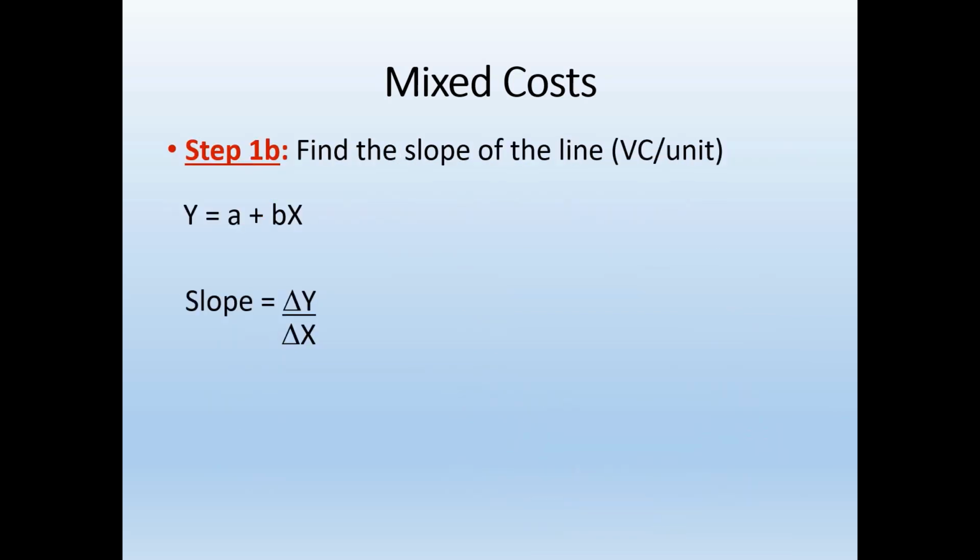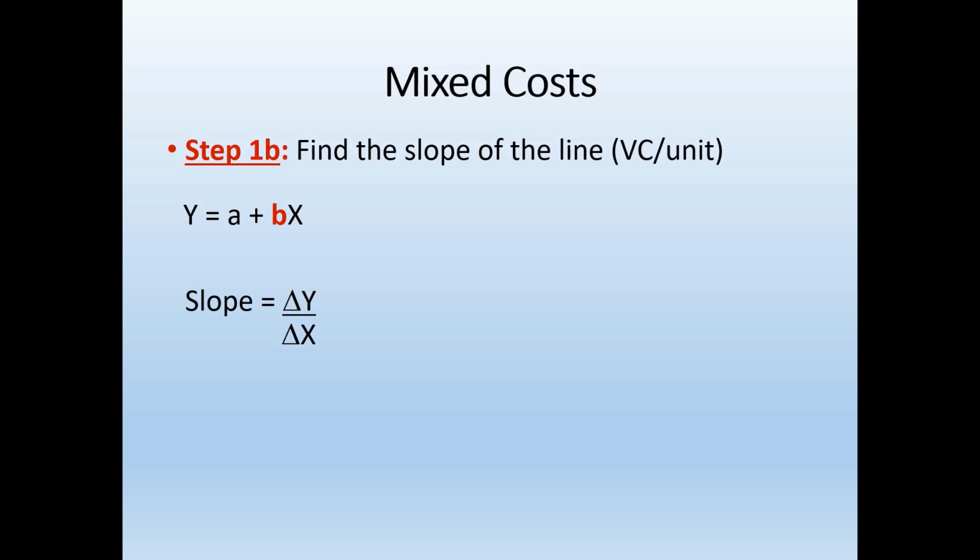Now that we've found the high point and the low point, we want to find the formula for the straight line that connects those points. That's going to be our mixed cost line. The formula for a straight line is y equals a plus bx, where b is the slope of the line.